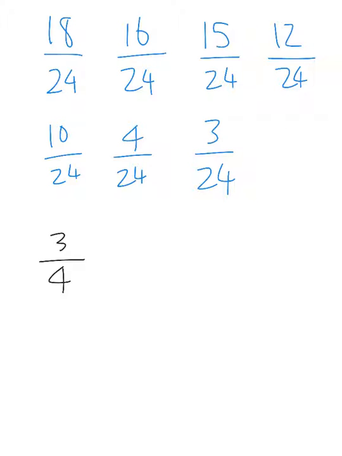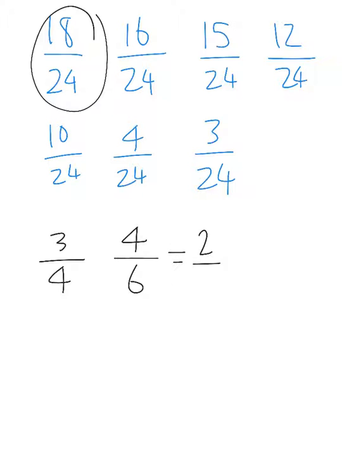Alright, so that one is done. 16 over 24, I think the highest common factor here is 4. 16 divided by 4 is 4. 24 divided by 4 is 6. We can simplify that further. Divide both top and bottom by 2. 2 over 3. So that's that one done.